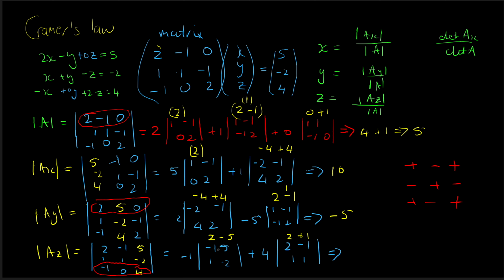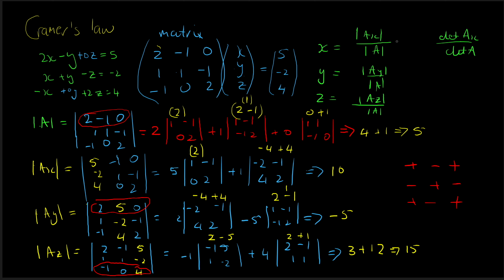So this is going to be minus 3 times minus 1, which is 3, and 3 times 4, which is 12. Okay, let's just make sure about that. Yes, okay, and then if we add this together, we get 15.